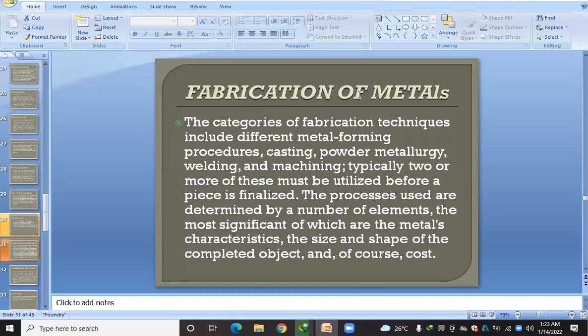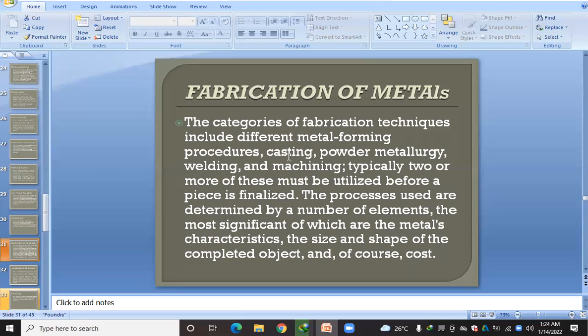Next, fabrication of metals. We have finished the non-ferrous alloys, so now we move on to fabrication of metals. The categories of fabrication techniques include different metal forming procedures, casting, powder metallurgy, welding, and machining.